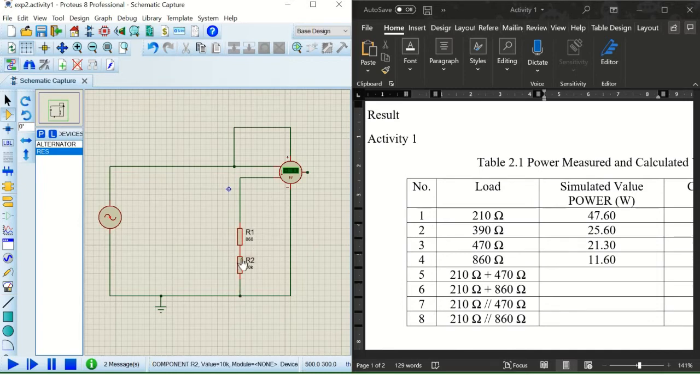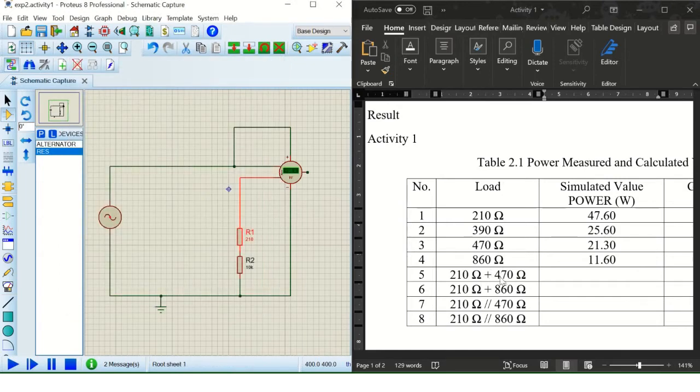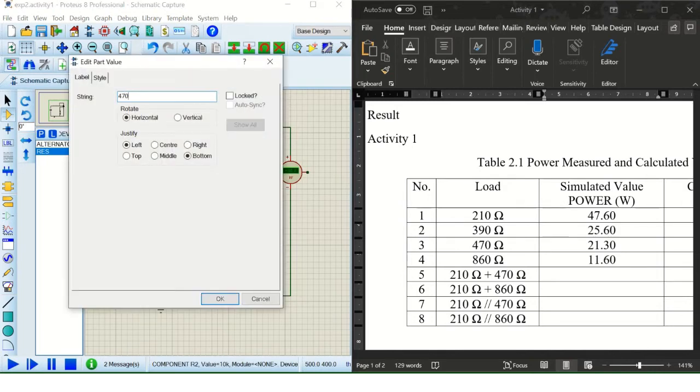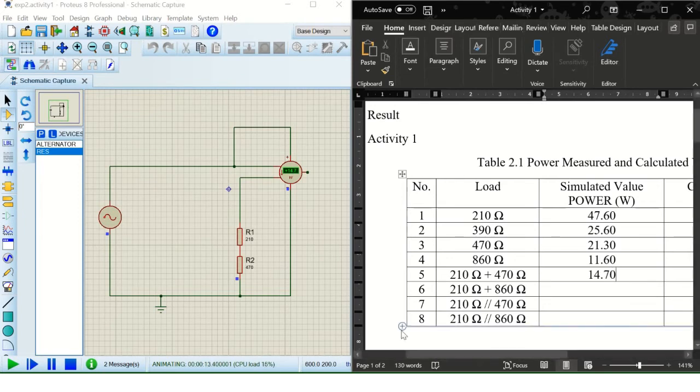Okay, let's set the resistor R1 to 210 ohm, and the second resistor to 470. Okay, let's see the power in the circuit. So the power in R1 and R2 is 14.7 watt.